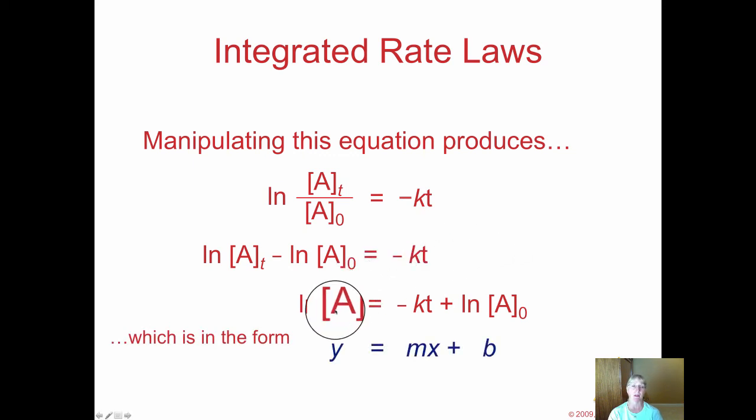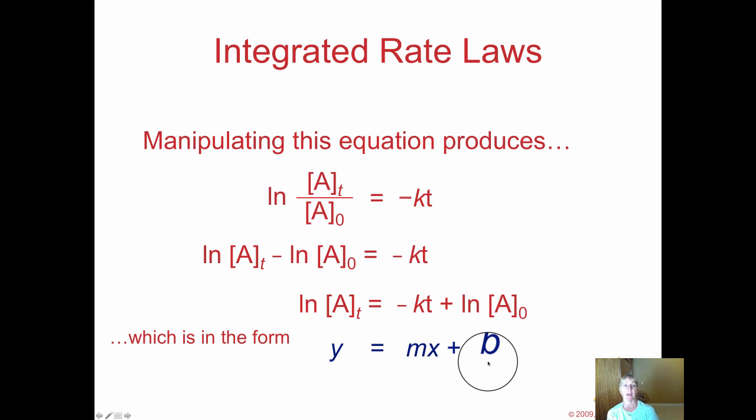The natural log of the concentration of reactant A at a specified time is equal to the negative of the rate constant times that specified time plus the natural log of the concentration of A at the beginning. Y equals mx plus b.